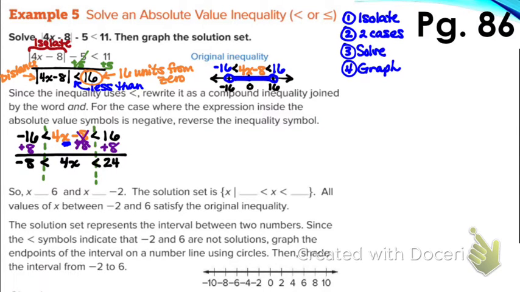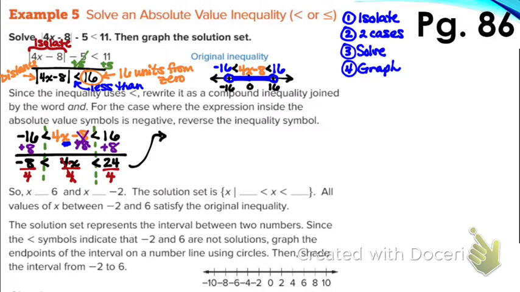What else do I need to do to get x all alone? 4. How do I get rid of the 4? What operation is sticking the 4 and the x together? You gotta divide by 4. Yes, these are being multiplied, so we're going to use division to undo that. What is negative 8 divided by 4?